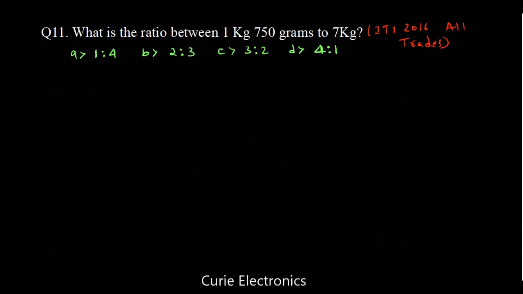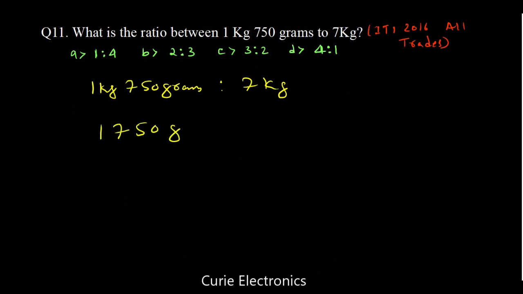What is the ratio between 1 kg 750 grams to 7 kg? So both I will convert to grams. So 1 kg 750 grams is to 7 kg. This we have to convert into the same unit. So 1 kg plus 750 grams, I will write as 1750 grams is to 7 kg, equal to 7000 grams. And now we divide by 10. Once you divide by 10, what will you get? 175 is to 700.